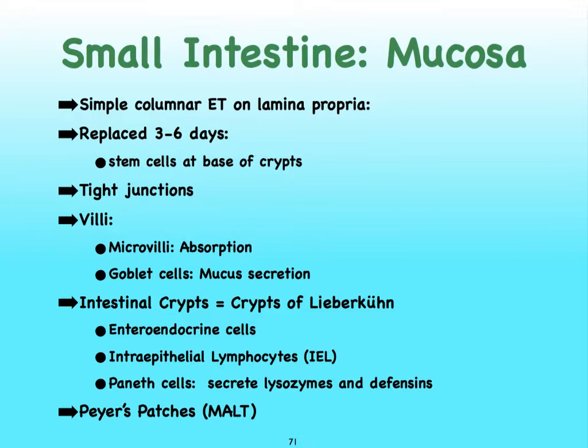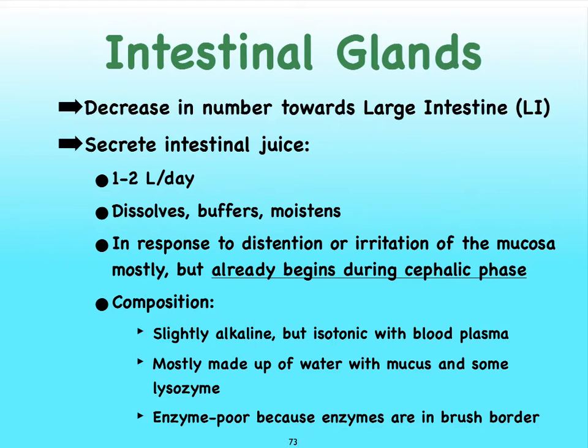Finally, we will also come across structures that belong to MALT called the Peyer's patches. I'll point those out to you. The intestinal crypts that I pointed out earlier that sit in between the villi, so if this is a villus, we're going to see a crypt like so, followed by another villus in a perfect world, of course.